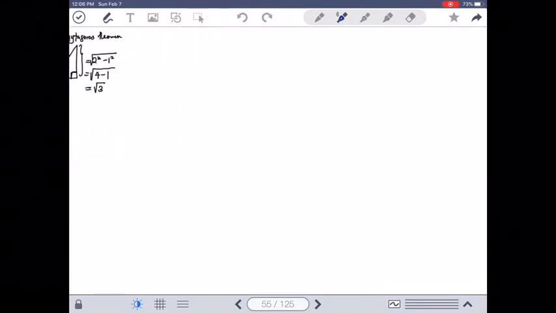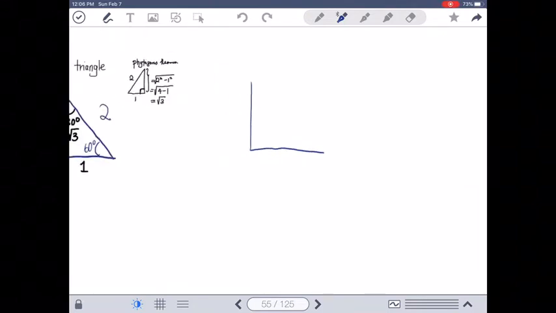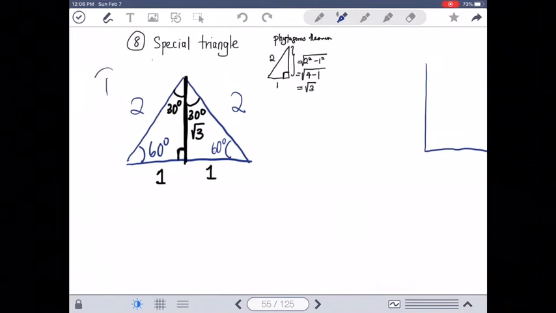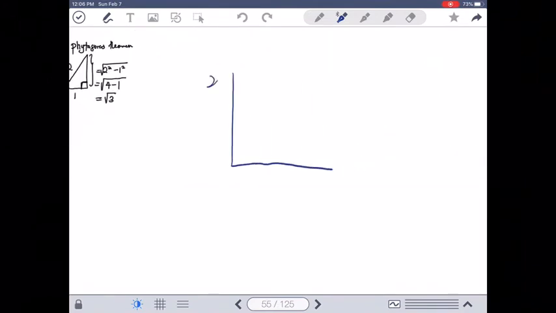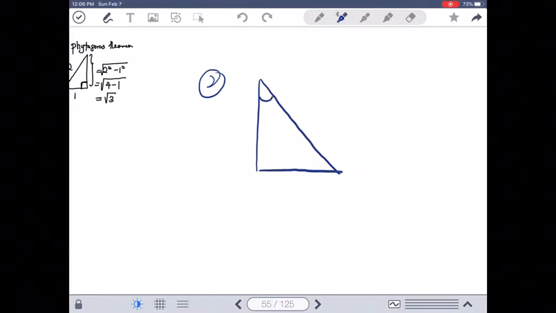The second special triangle, imagine that you have a right angle triangle. So I name this as the first one, and this is the second special triangle. Obviously this is 45 degrees, and here is 45 degrees, and here is 90 degrees.